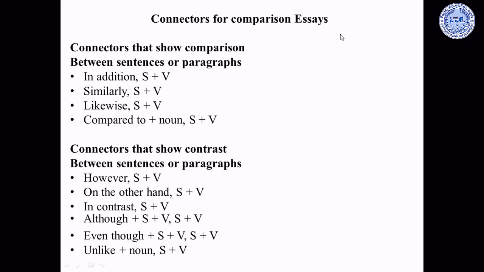First of all, connectors that show similarity: in addition, comma, subject plus verb; similarly, comma, subject plus verb; likewise, comma, subject plus verb; compared to plus noun, comma, subject plus verb.